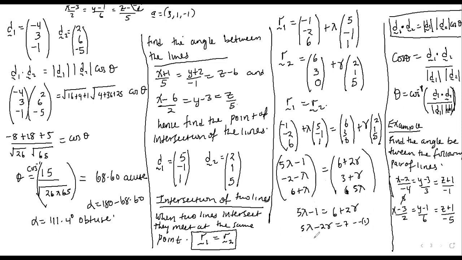Then I can pick the last one. The last one says 6 plus lambda is equal to 5 gamma. So 5 gamma minus lambda is equal to 6, equation 2. From equation 2, you can make lambda the subject, which is 6 minus 5 gamma.